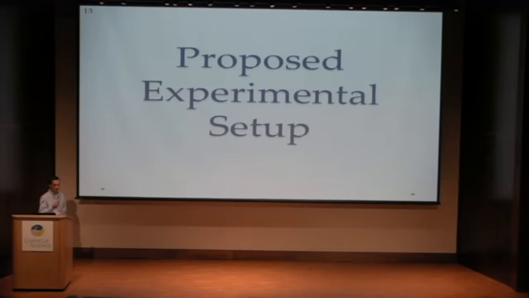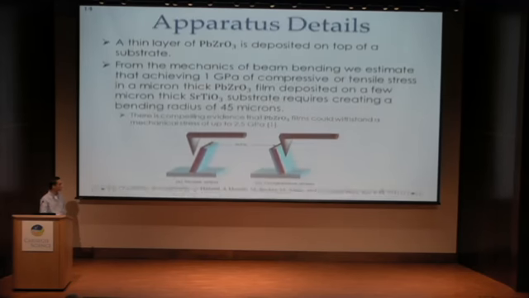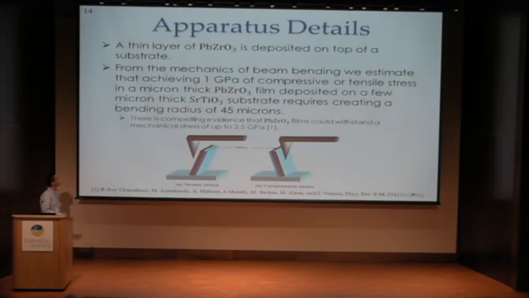Now, the proposed experimental setup to get these strong stress fields that we need for these large changes in temperature. Here are some of the details of the apparatus. We're going to utilize a beam bending scheme to give us the tensile or compressive stress that we would want.